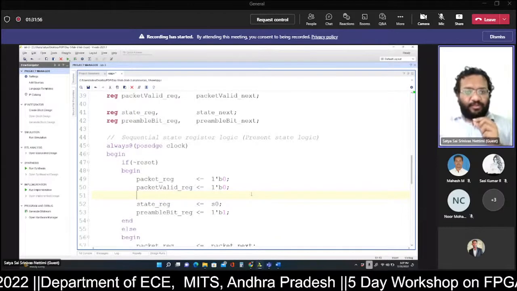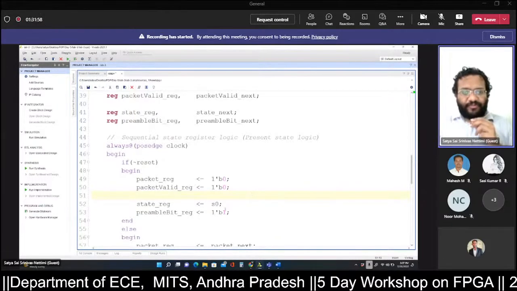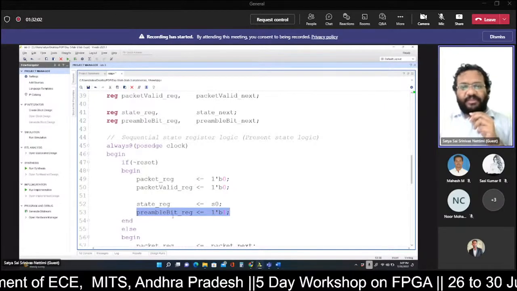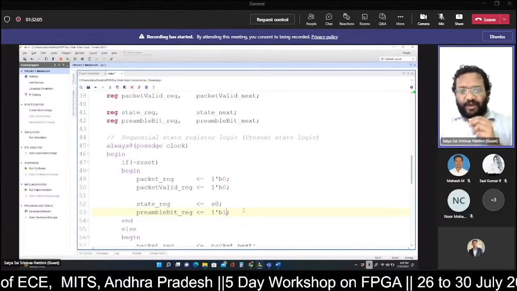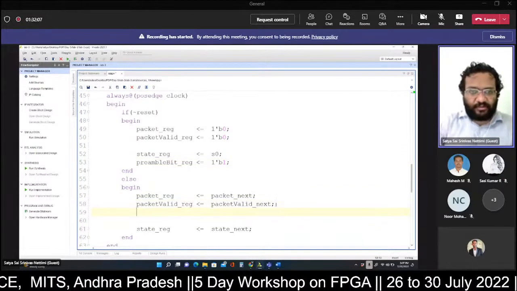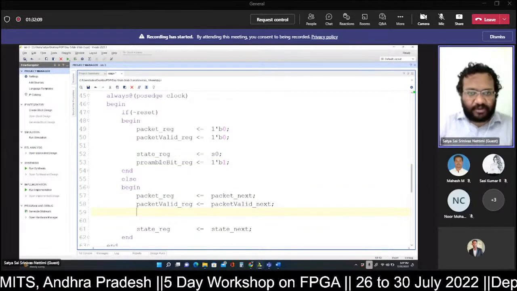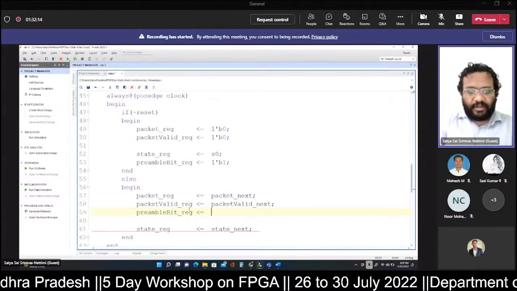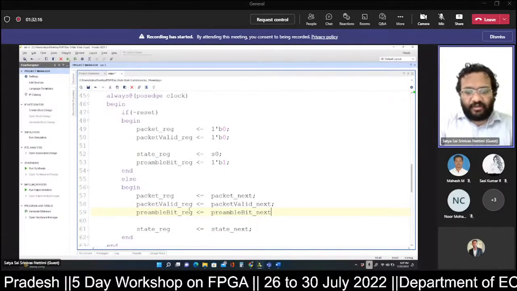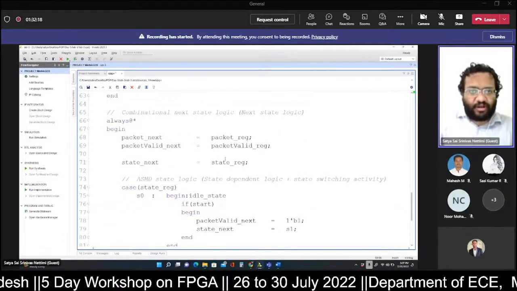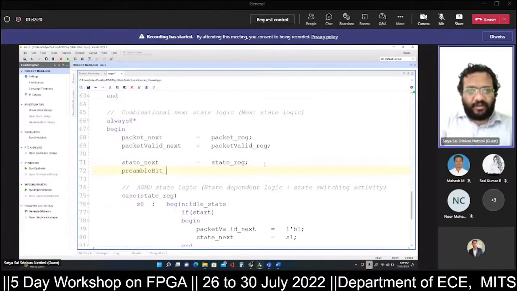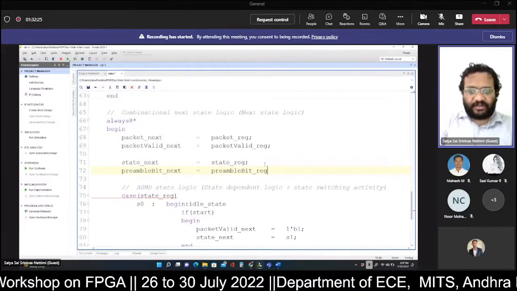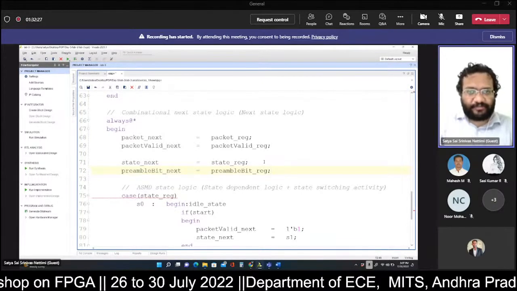After that, it needs to alternate between 0 and 1. That's why in the preamble bit register I am placing 1. So when reset is not asserted, the preamble bit register will follow the next state logic. When we are not doing any data manipulation, the next state logic will follow the present state logic, that is the register.